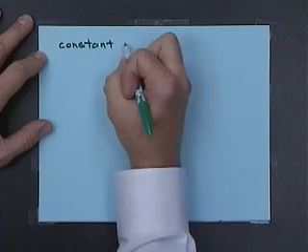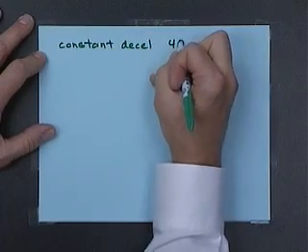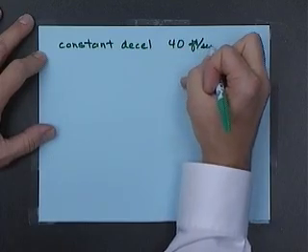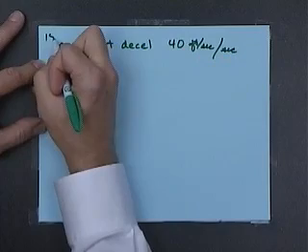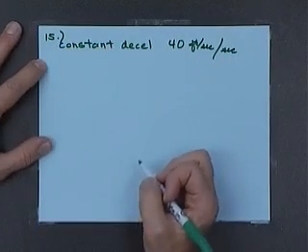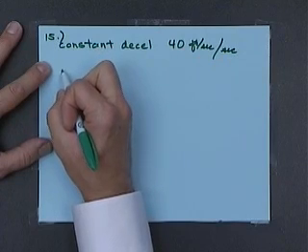Katie? A car brakes with a constant deceleration of 40 feet per second squared, producing skid marks measuring 160 feet before coming to a stop.